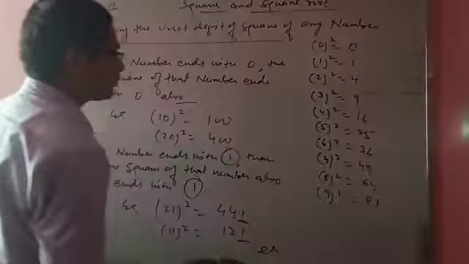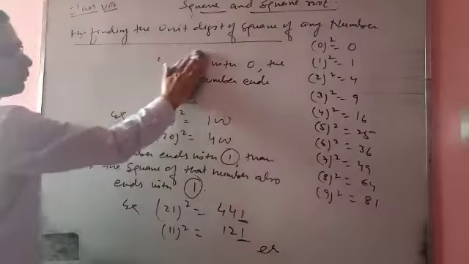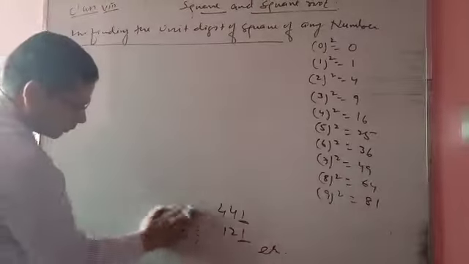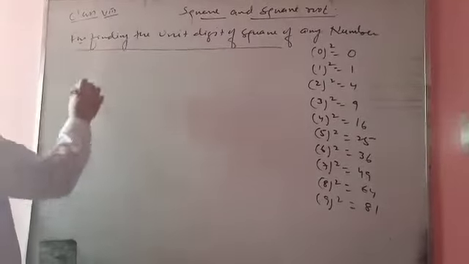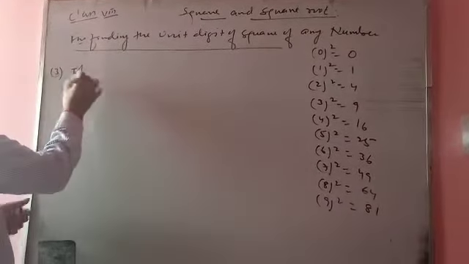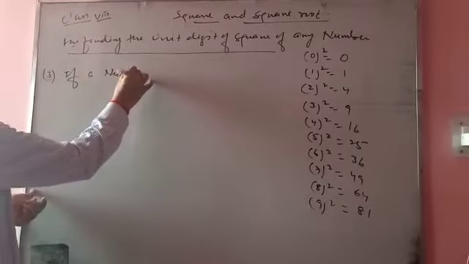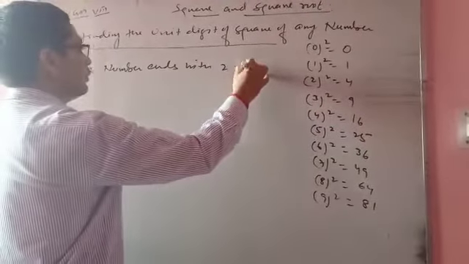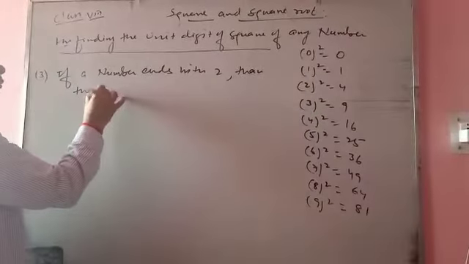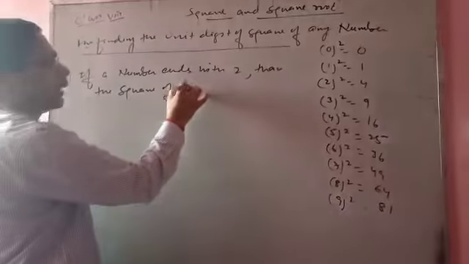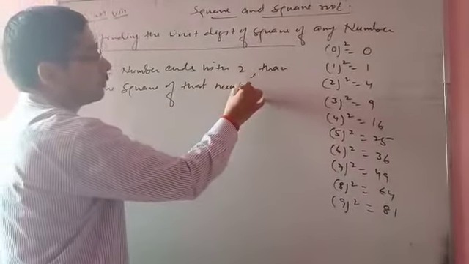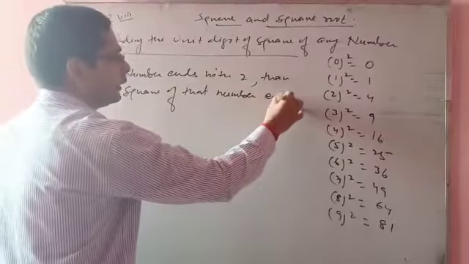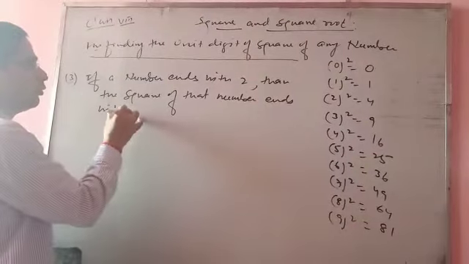The next, number 3, if a number ends with 2, then the square of that number ends with 4.